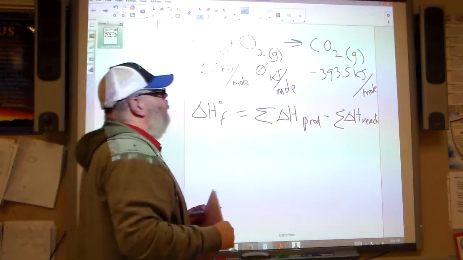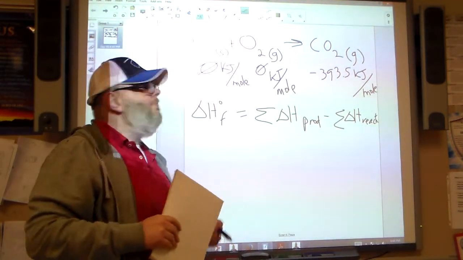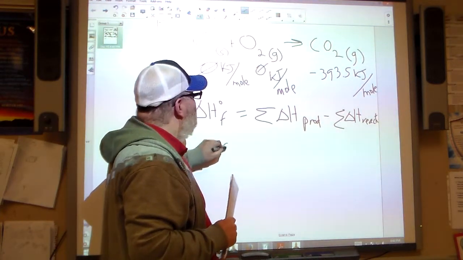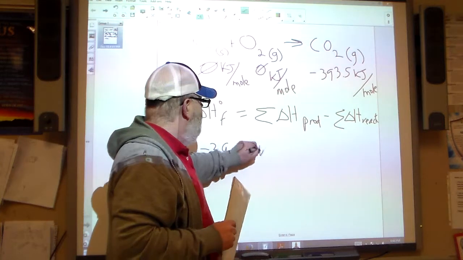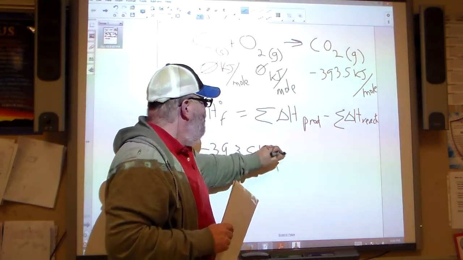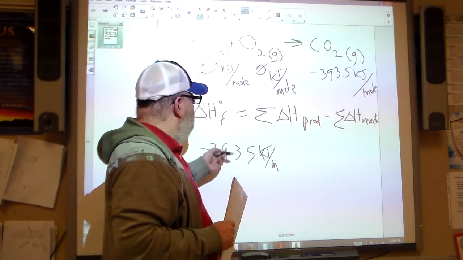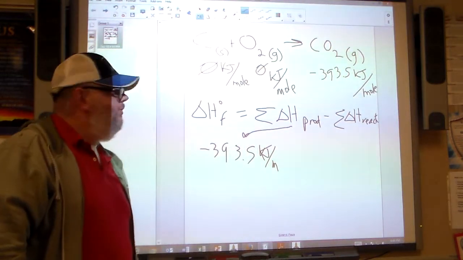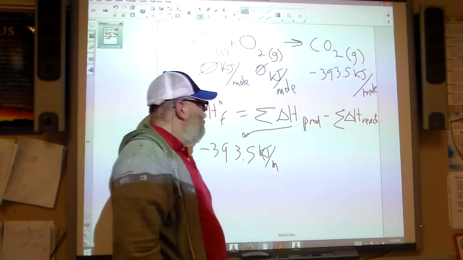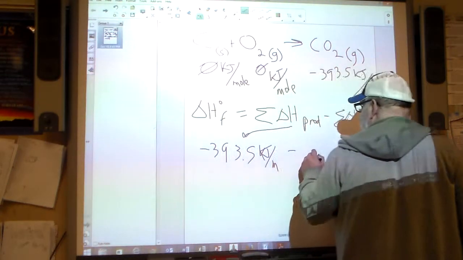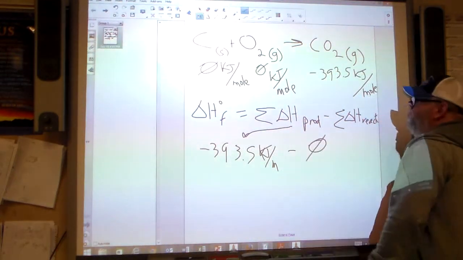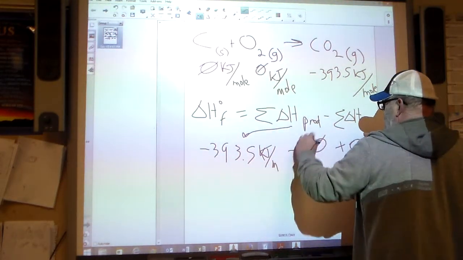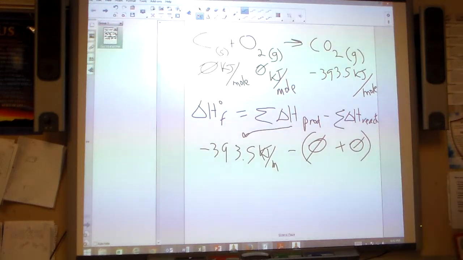And you're saying, wow, really? Yes, absolutely. So in the end, it's going to be negative 393.5 kJ per mole, our delta H for the formation of the product, minus a big whopping 0 kJ, because you add these together and it's 0.